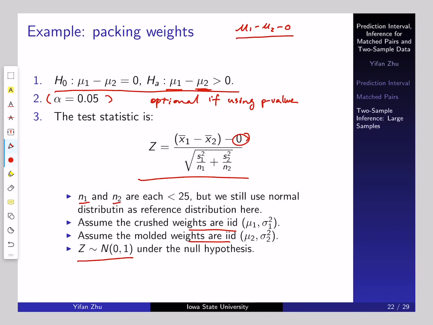So x1 bar minus x2 bar is the estimate of mu1 minus mu2. x1 bar minus x2 bar minus 0 should be large, so that it can provide more evidence for the alternative hypothesis. This is what we have in the denominator of the test statistic.